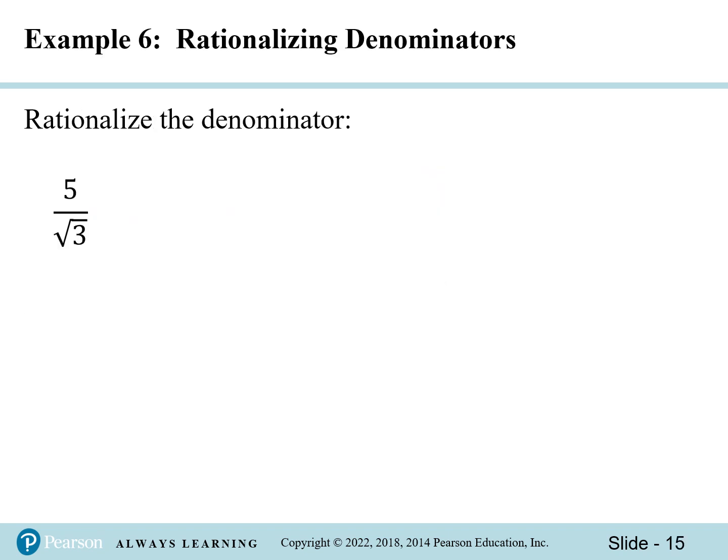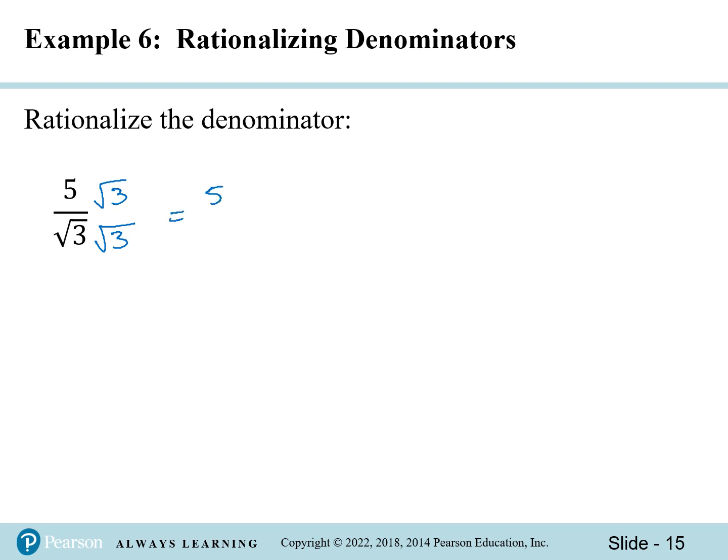All right, so let's do some examples where we rationalize the denominator. We're going to start with 5 over the square root of 3. Fractions are not completely simplified if they have a radical in the denominator. So what we're going to do is multiply the denominator by the square root of 3 and the numerator by the square root of 3.